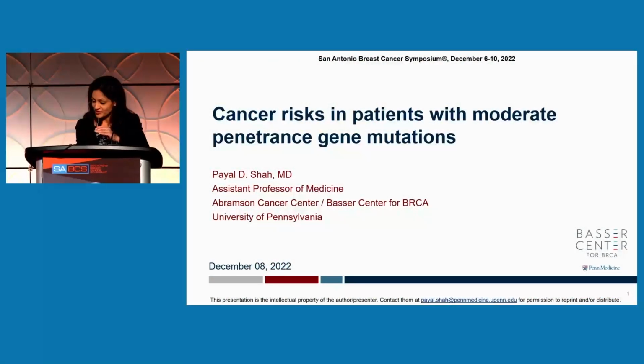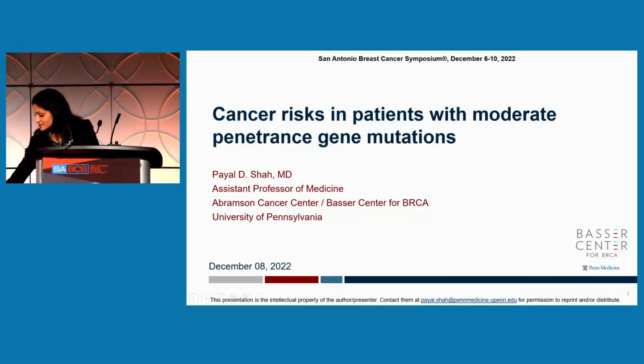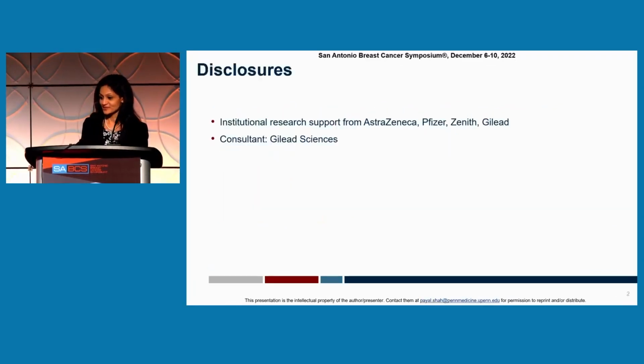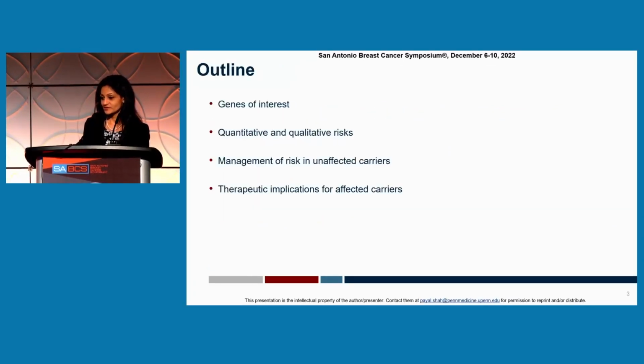Thank you so much, Dr. Khan. I would like to thank the organizers for the invitation to participate in this educational session and Dr. Khan for moderating. It is my pleasure today to talk with you about cancer risks in patients with moderate penetrance gene mutations. Here are my disclosures, and here is an outline of what I will cover today.